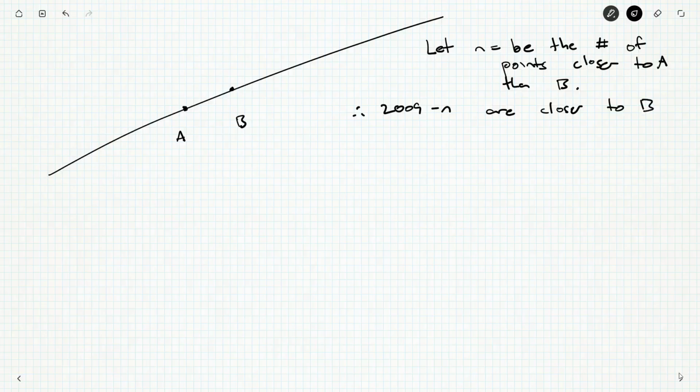Let's give them names. So I'm going to say this is C1, C2. They don't have to be evenly spaced. I mean, C3 could be over here, followed by C4 and C5, and so on. And then I want to highlight this length here.